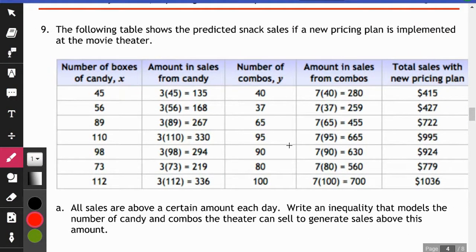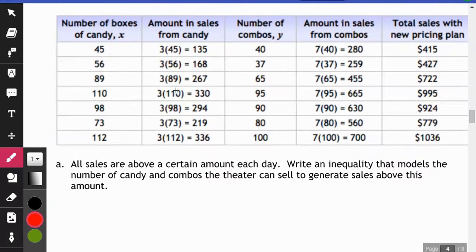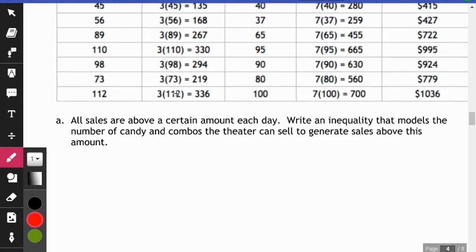Okay, the following table shows predicted snack sales if a new pricing plan is implemented at the movie theater. Look at this. They might sell this many boxes, this number of combos, for this total price. They charge $7 per combo, $3 per box of candy. What do they make? Okay, I wondered because the prices are different.